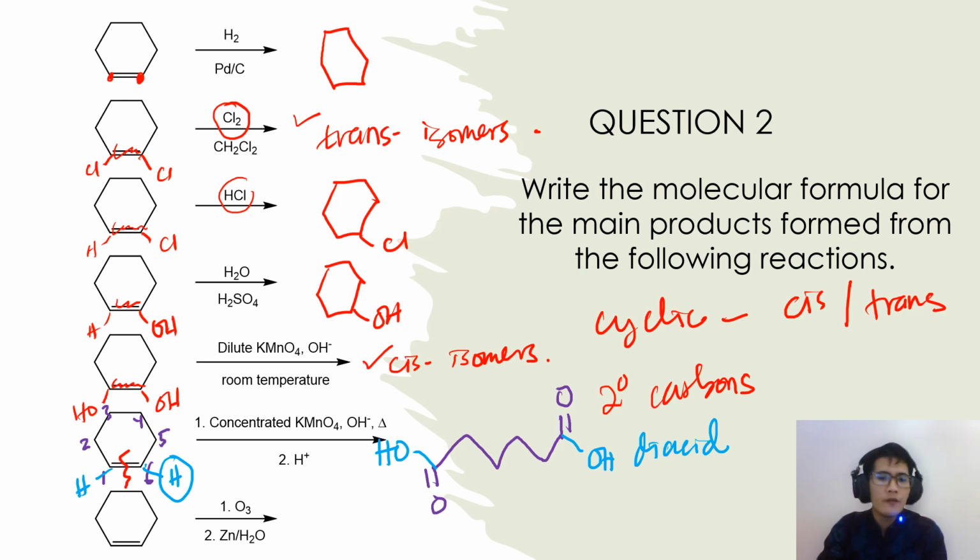Okay, as for the ozonolysis, it's the same. You break this bond and you open the chain, become almost similar to the oxidative cleavage by the KMnO4. Okay, but this time, okay, I draw it first. 1, 2, 3, 4, 5, 6, double bond O, double bond O. Alright, this time the H over here does not oxidize to OH.